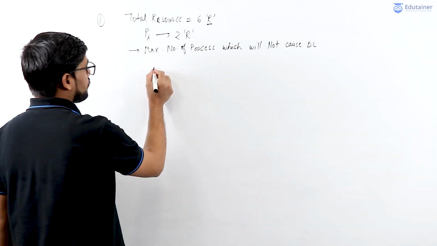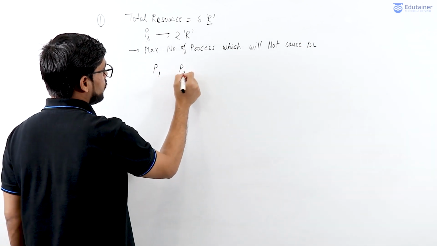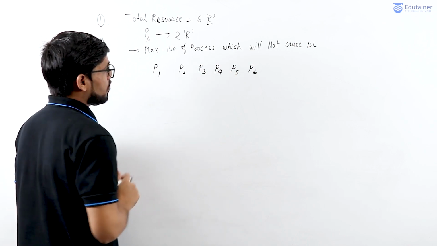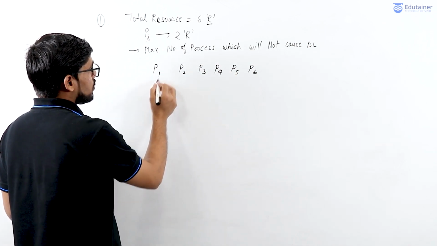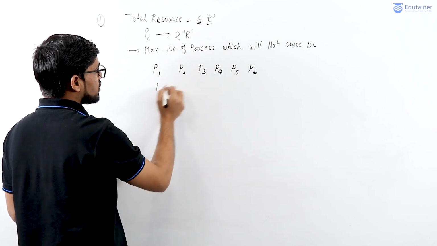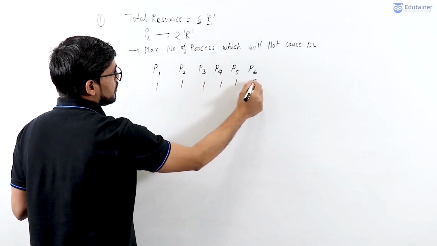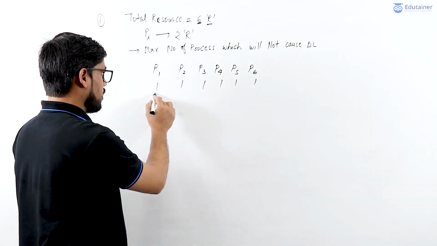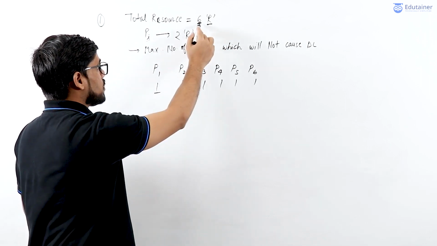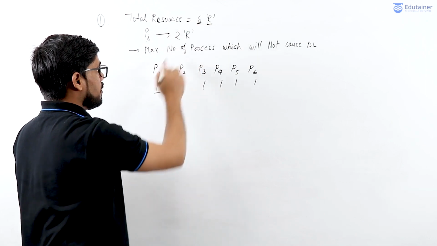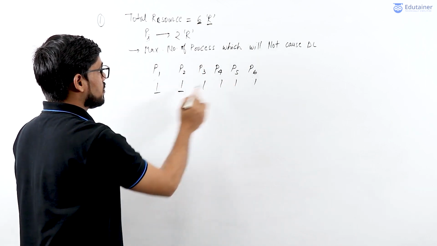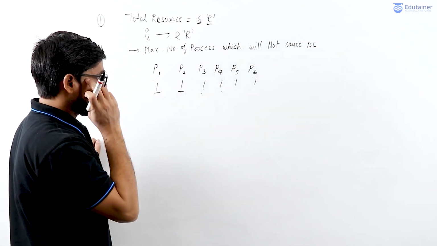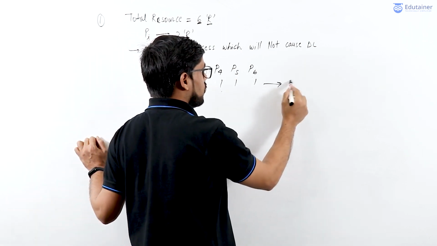How many maximum processes can you use here so that the deadlock problem will not occur? Let's say we have processes P1, P2, P3, P4, P5 and P6, a total of 6 processes. Each of these 6 processes uses only one instance of resource R, and no resource is freed up yet. Then each process holds one instance, so in that case deadlock occurs.